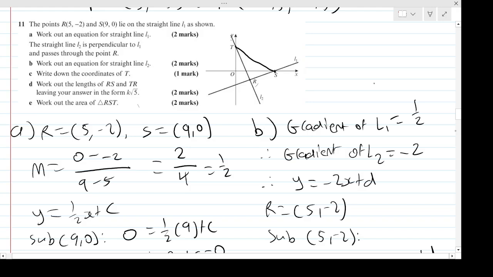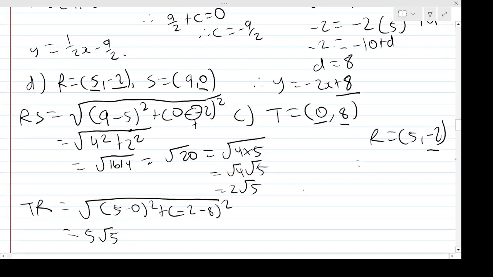So remember, the area of a triangle is the vertical height and the base. Well, the base is R and S, right? But we worked out the length of R and S already. RS was 2 root 5, so that would be my base.